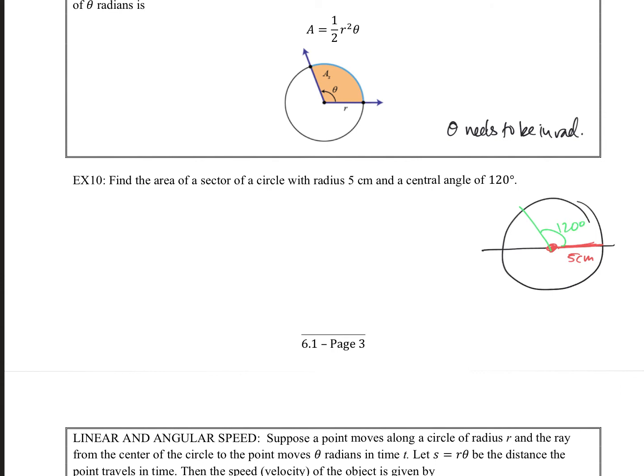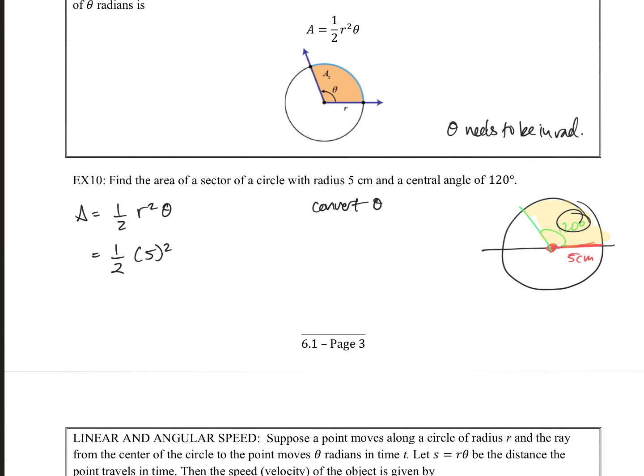And we want to find the area. So this whole thing is what we're searching for. So the formula for that is area equals half the radius squared times theta. So half, and r squared, r is 5, so that'll be 5 squared. And theta, ooh, at the moment theta is in degrees, and we can't use that, it needs to be in radians.